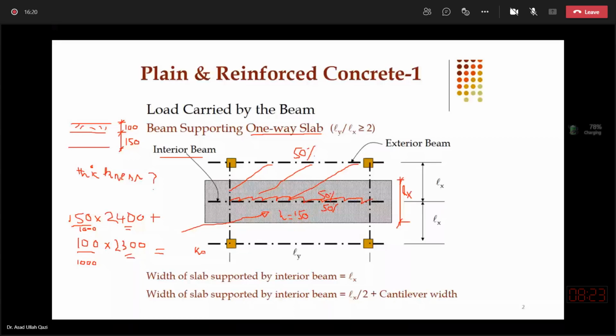So can you tell me what you will get: 150 over 1000 into 2400 plus 100 divided by 1000 into 2300, how much will be the service self-weight pressure? Can you calculate? Please use your calculators.